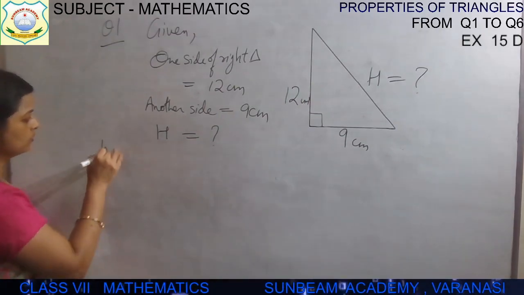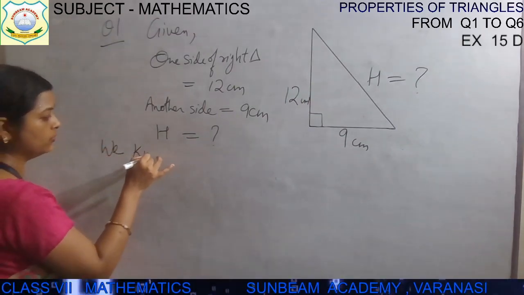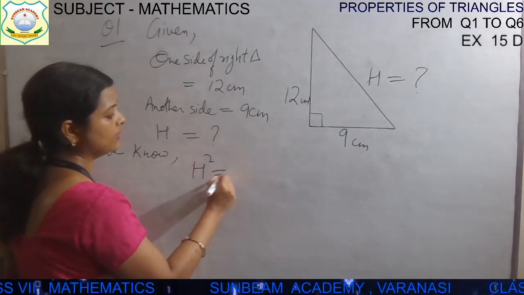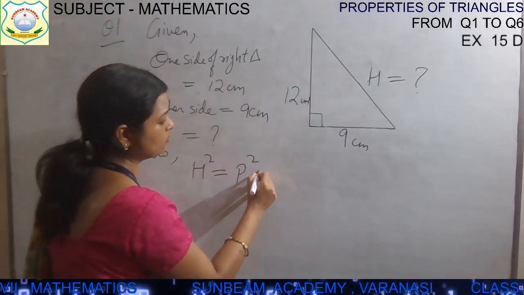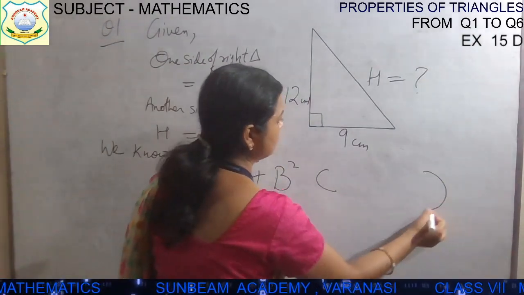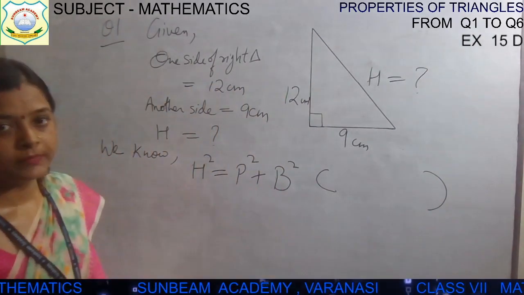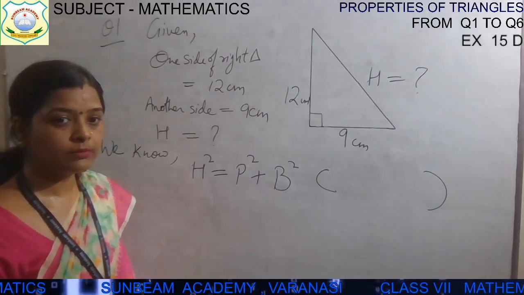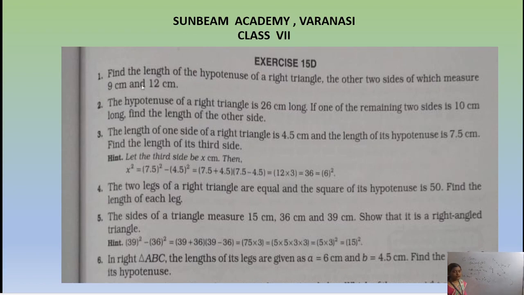So we know, children, you will write, we know that hypotenuse square is equal to perpendicular square plus base square. Here you will write by using Pythagoras theorem. Which theorem, children? Pythagoras theorem. 9 centimeter and 12 centimeter is given.